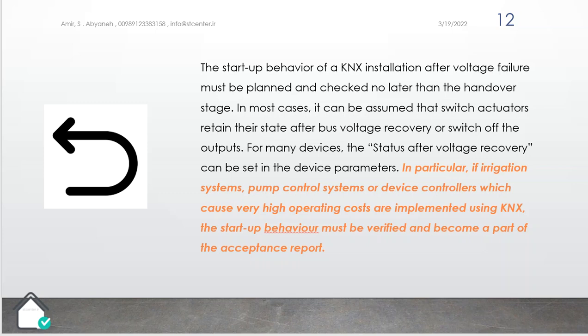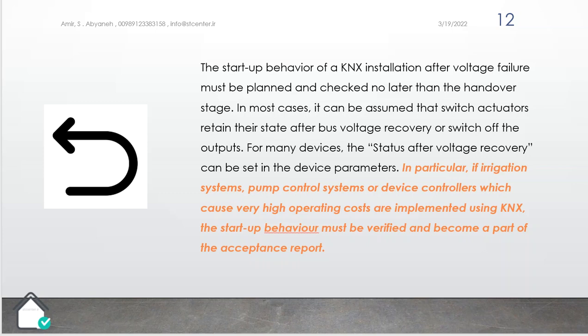We should consider what action the actuators should take into account. The startup behavior of a KNX installation after voltage failure must be planned and checked no later than the handover stage. In most cases, it can be assumed that switch actuators retain their state after bus voltage recovery or switch off the outputs. For many devices, the status after voltage recovery can be set in the device parameter.